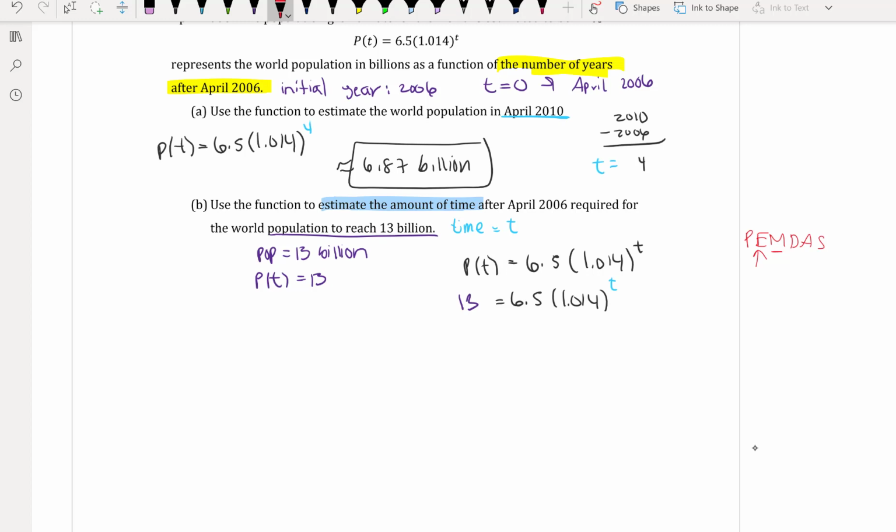Instead, I have to isolate the exponent. So in order to do that, I'm going to divide by 6.5 on both sides. So I'm going to have 13 divided by 6.5, and that's going to give me 2, and that's equal to 1.014 to the t power.